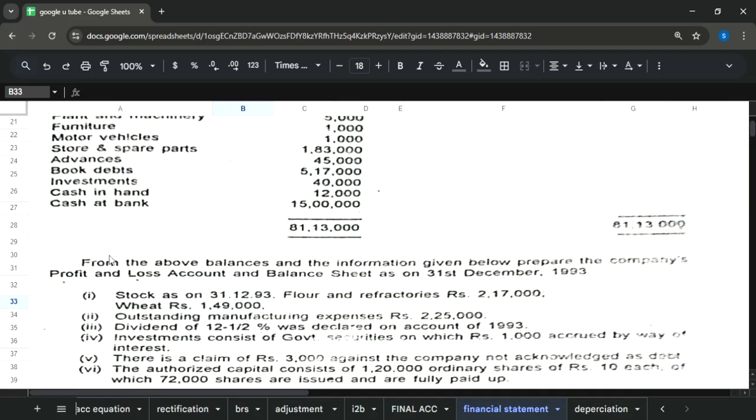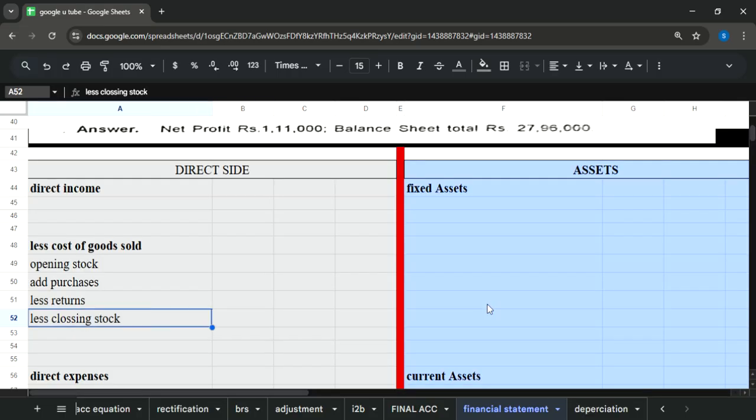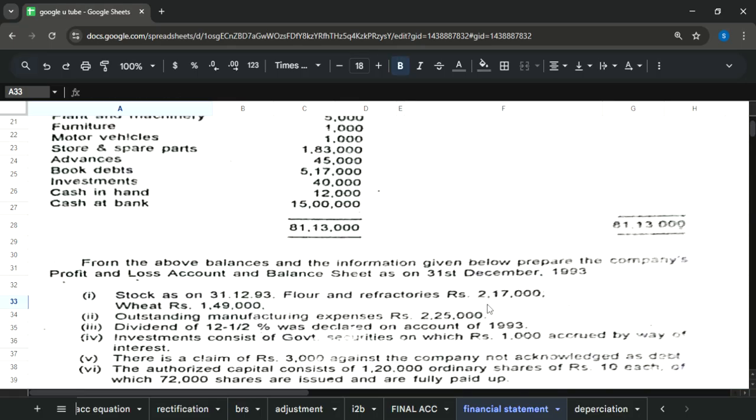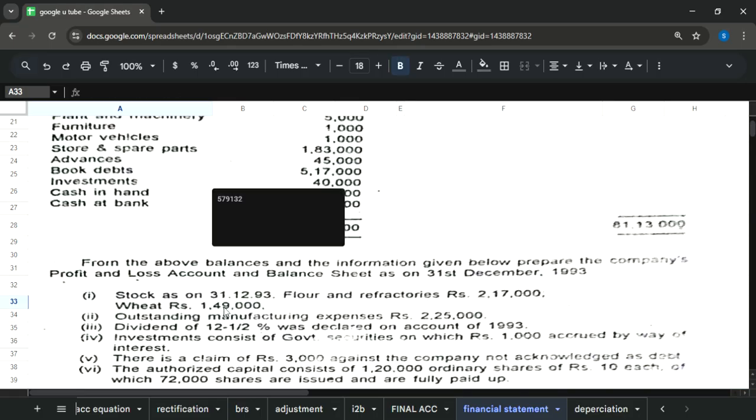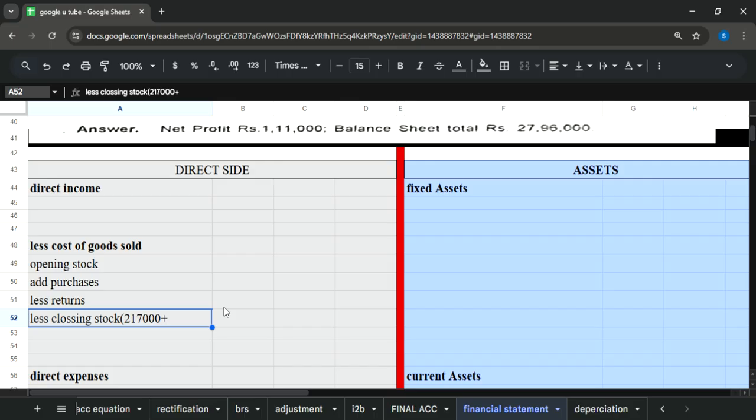Look at the amount of closing stock, there are two closing stocks. We are concerned with closing stock, no matter whether it is of 2, 3 or 4 types, so we will write it collectively. 217,000 is one type of stock, or stock of flour, and 149,000 is the second one.